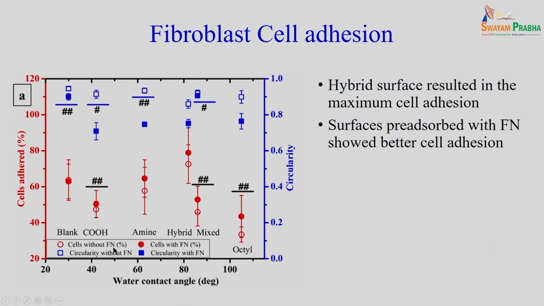or pre-adsorbed fibronectin. So, as expected, in terms of percentage cell adhered, if it is the pre-adsorbed protein fibronectin, which is the cell adhesive protein, and you compare these two points, there is always an increase in the cell adhered. So, the surface with pre-adsorbed FN showed better cell adhesion, as expected.